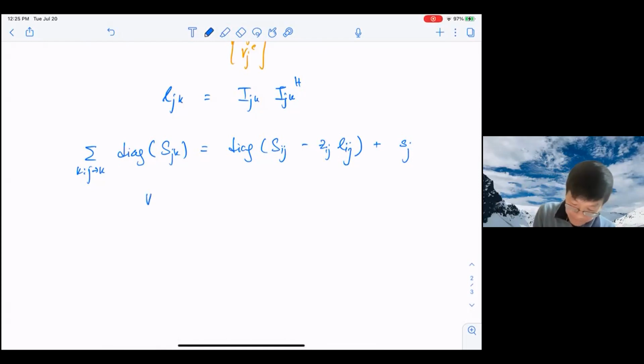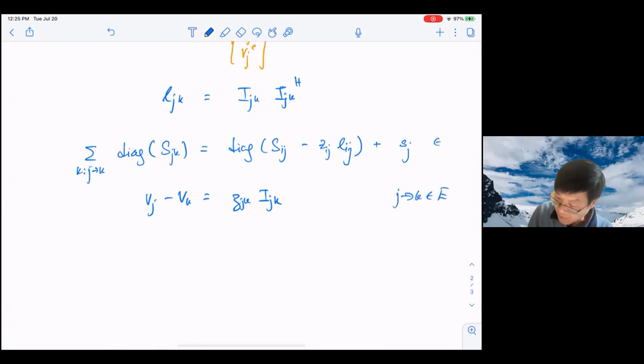So this will be the sort of direct generalization of the single-phase system, right? So this is for all j to k. This is for all buses j. And again, this is a three-dimensional vector. This is a three-dimensional vector. This is a 3x3 matrix.